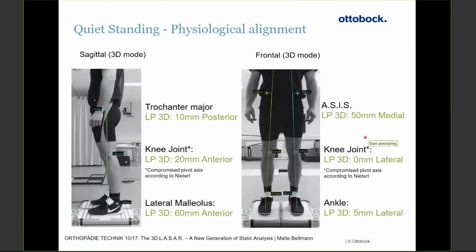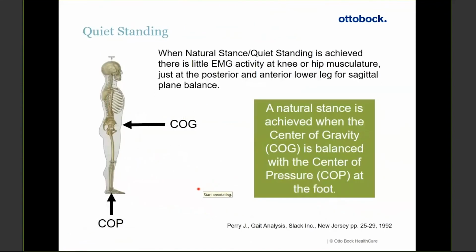Also in the frontal plane, you'll see these approximate places at the ASIS in relation to the center of the knee joint and the ankle. So this is what quiet standing looks like, or where the ground reaction force is in relation to the different joints during quiet standing. So what do I mean by quiet standing?